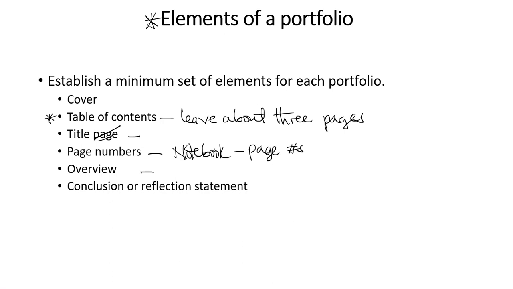So you can say, all right, this portfolio is in three parts. The first part has this, the second part has this, the third part has this. So in this first part, you are going to look to see this, and this. In this second part, you are going to see this. So that is an overview of the portfolio, so that I can just look at the overview and I know exactly what is in that portfolio.